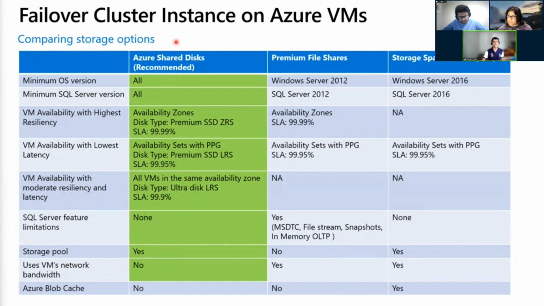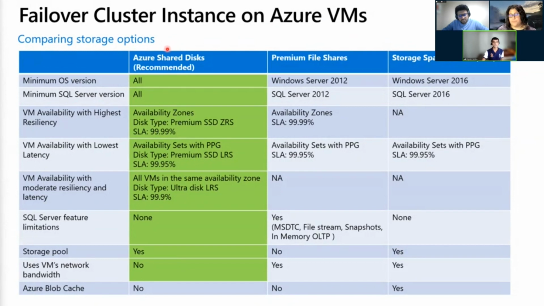This is one of the industry leading, first in the industry, where you can have a shared disk that's shared across two VMs, similar to what you would do on-prem, let's say with an iSCSI SAN, right? Typically what I would have done on-prem is go to my SAN administrator and ask for a shared disk supporting the iSCSI protocol. We do exactly the same protocol that's supported on-prem. We support it in the Azure world as well.